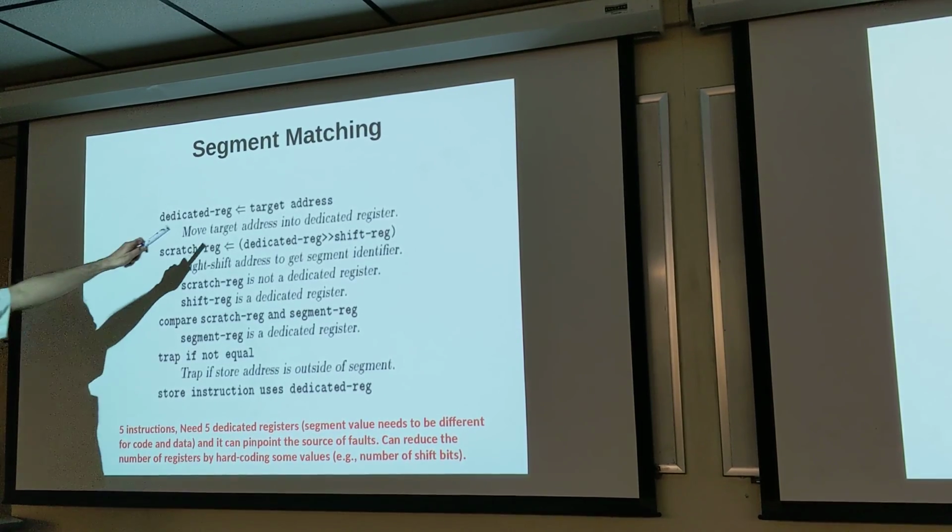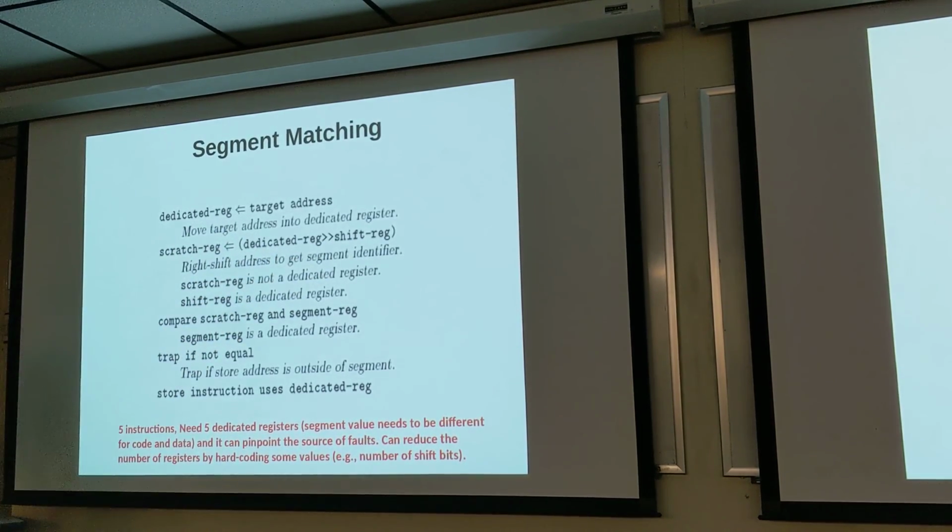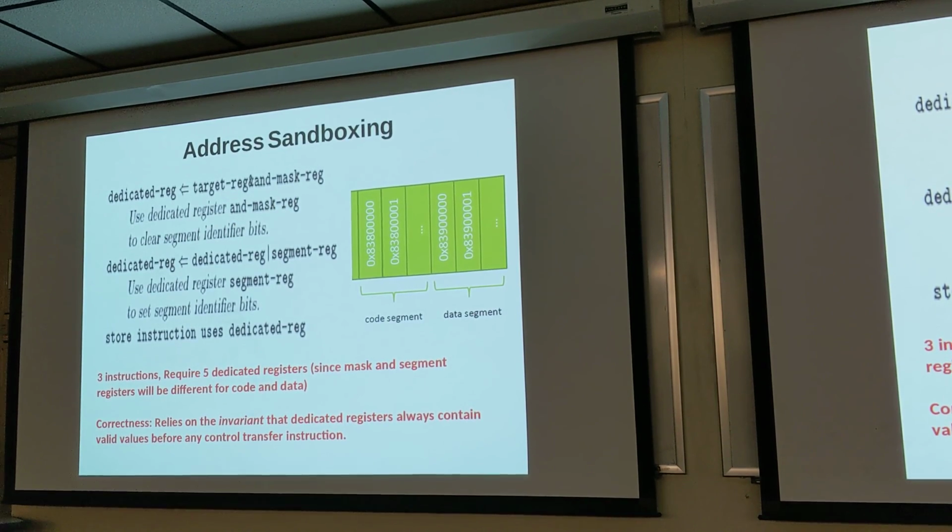So they basically take the target address, they shift it, and then perform a check whether the leading bits are allowed. Instead, in sandboxing, all they did was they would just force those bits to have a certain value, and then you don't check. You just force the value, and then you keep going on. And this is what they call sandboxing. So even if the code tries to get out of its region, it's not going to succeed, because you're going to force it to be in its region.